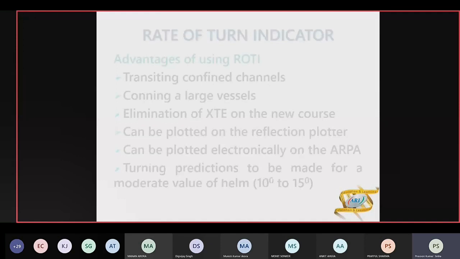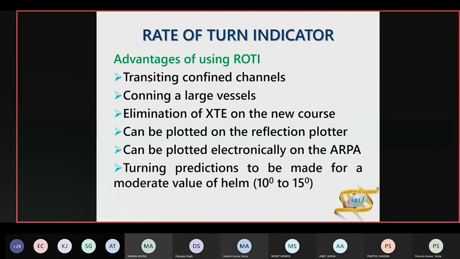Advantages of ROT. What is the benefit of having this? Already discussed in the initial class, in the introduction class. We cannot monitor the ship by looking at the gyro compass when we are turning. It is constantly changing. So monitor what? During that time, we take an interval of change, which is rate of turn.